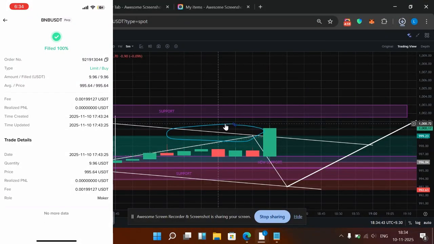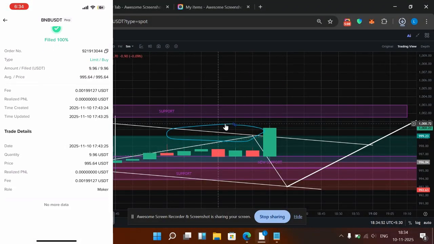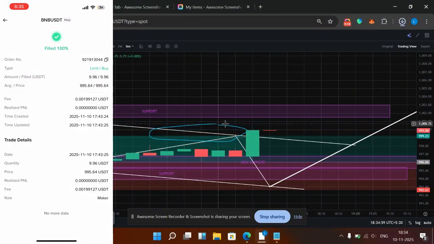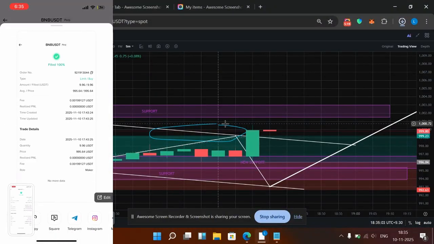This is the one. 1743. No, no. Trade details. Yeah, we took the trade at 17. Yeah, yeah, yeah. It's correct. So this is the one. And we are going to see.